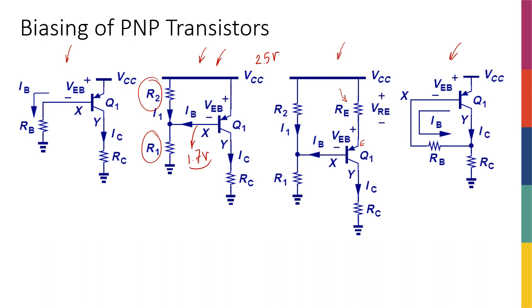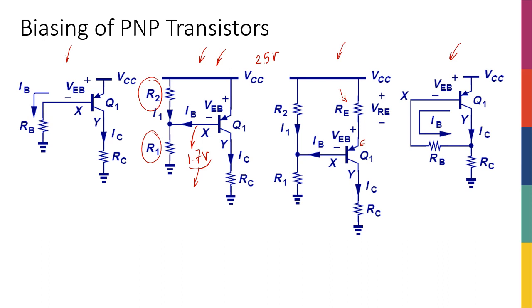This is why I was telling you that you cannot use a battery to do the biasing, simply because these values could be changing by a lot. You might have 0.7, 0.8 for NPN, and then 1.7, 1.8 or 1.6 for PNP. And if you have double or multiple transistors, you might have many different values here. That's why we need to do biasing, and we need to learn biasing circuits.